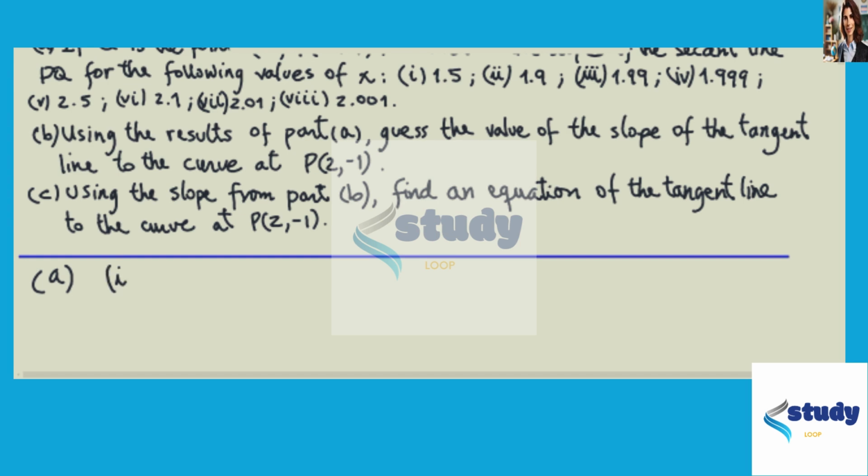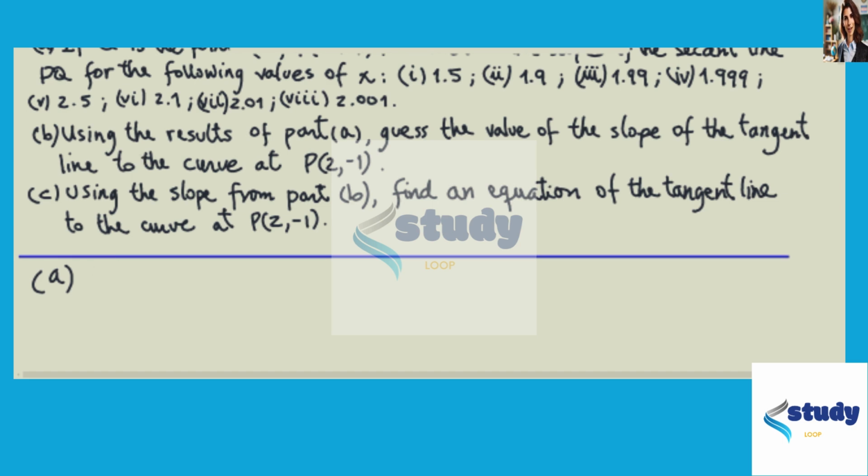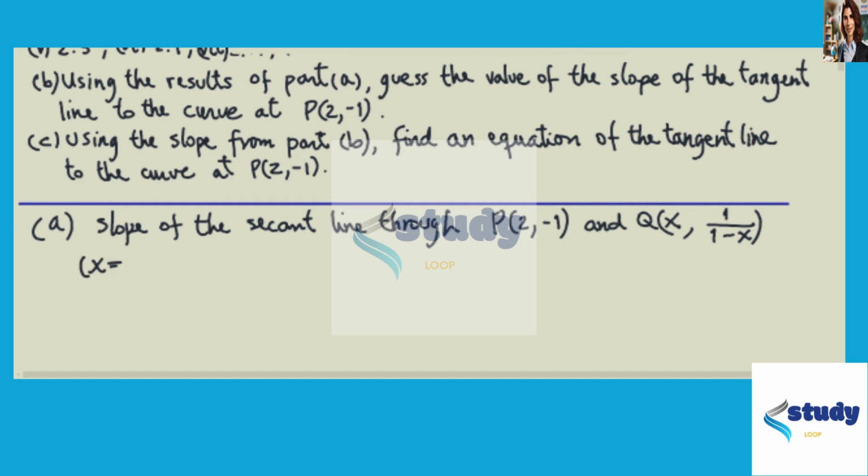So first, we note the following. We're going to write the slope of the secant line through the points P (2, -1) and Q given by x, 1 over 1 minus x, supposing x is not 1, which is the value that nullifies the denominator and where the function is undefined.